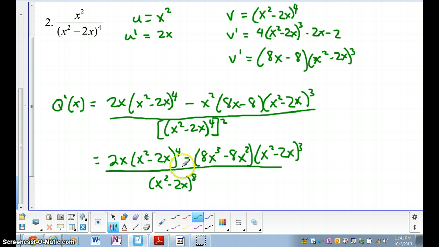There's one more step here where we can factor this out, and I'll leave that for you to try. Pause the video right now and go ahead and try that, factor that out, and see if you can simplify.